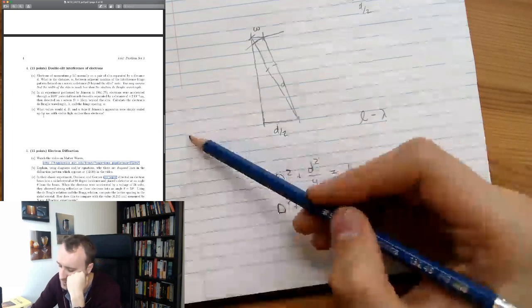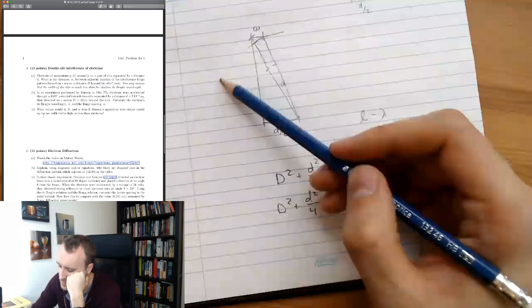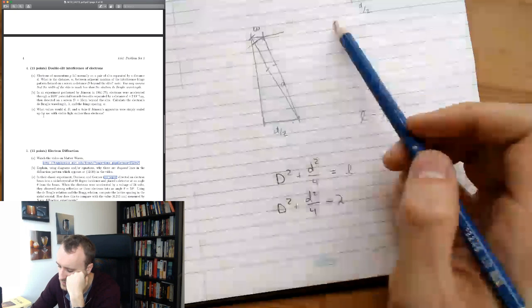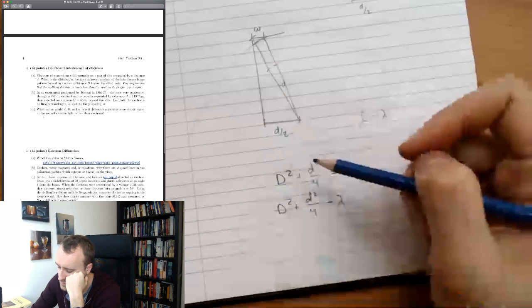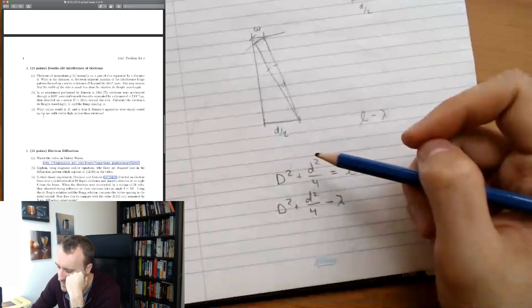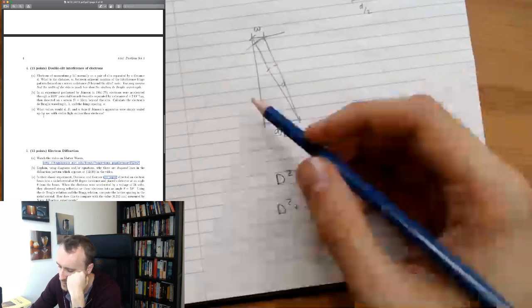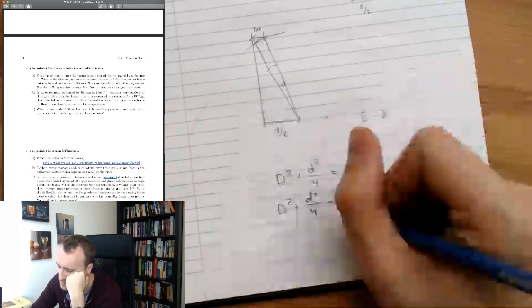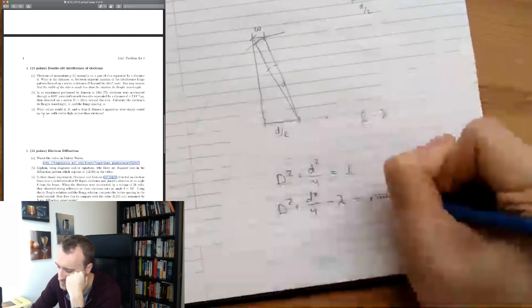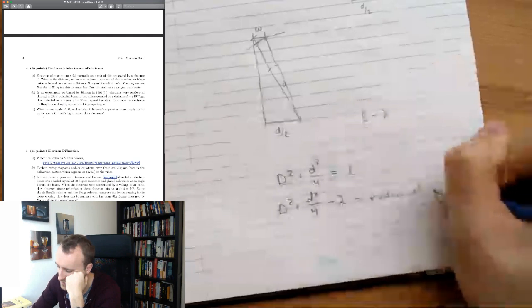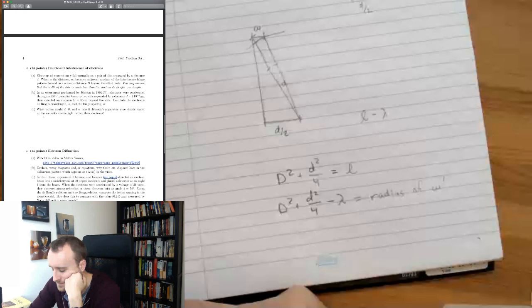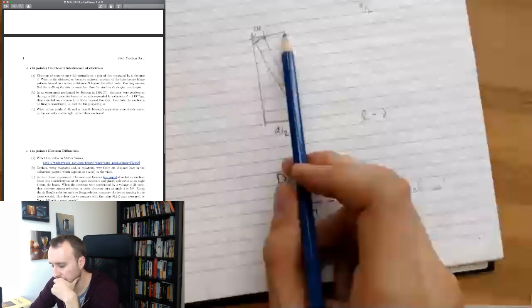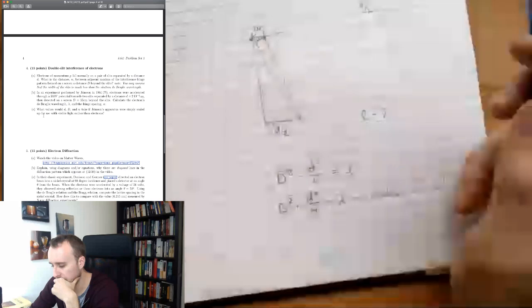I mean, it's kind of a circle centered here. So we know that the radius of the circle, this is the radius of the circle. And the question is, where does it pierce this?